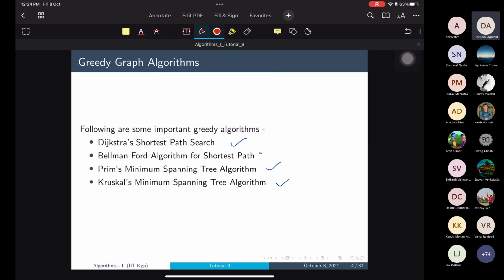There is a case when Dijkstra fails, which is the case of a negative weight cycle. In that case we generally use the Bellman-Ford algorithm. You can always find reading materials online. The main focus of this tutorial will be Dijkstra shortest path, and there will be a few problems at the end which might involve MSTs.